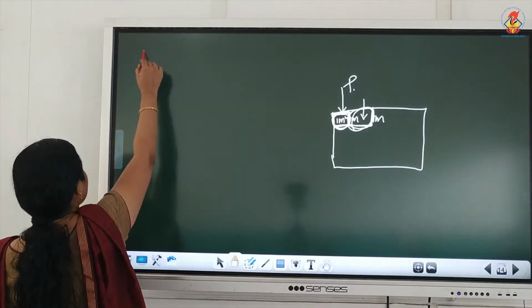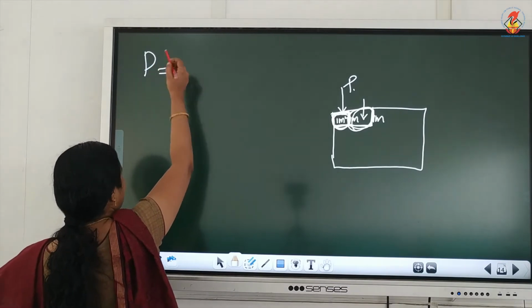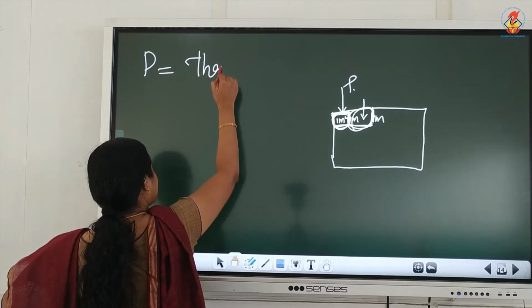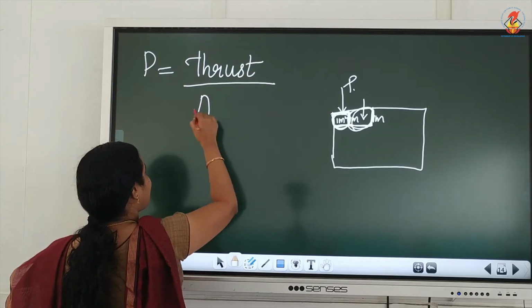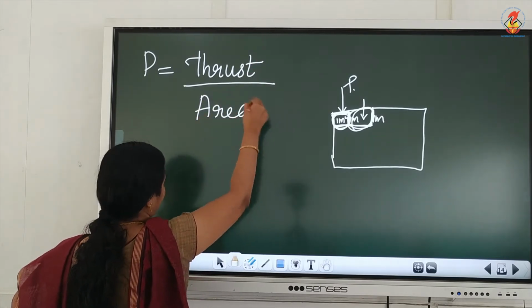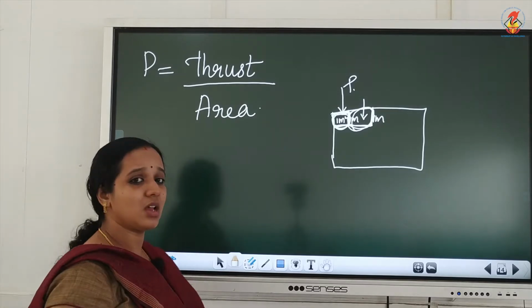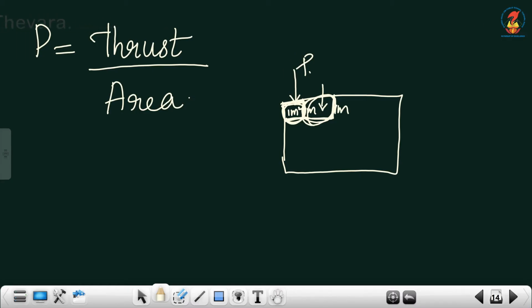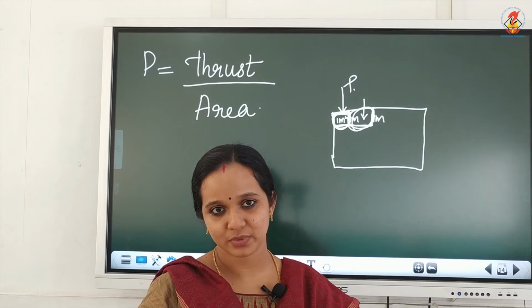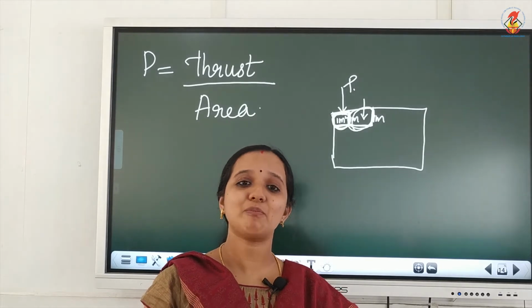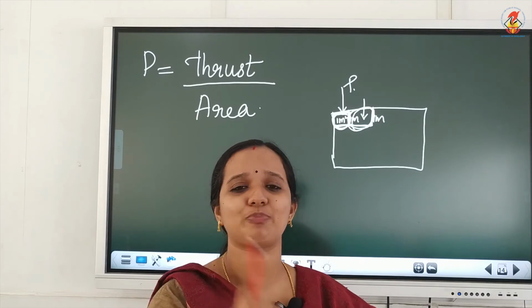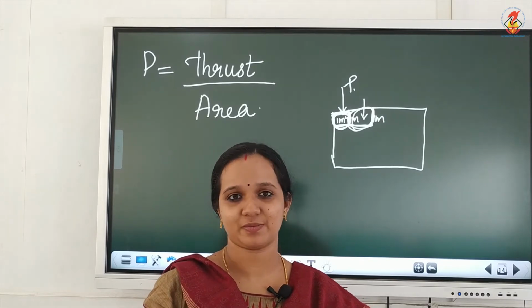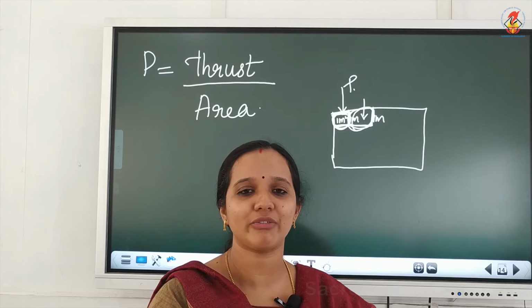So, we can write pressure as thrust, or the force, acting per unit area. P is equal to thrust by area. This is the formula to find pressure. It is the force that is experienced by a unit area of an object.